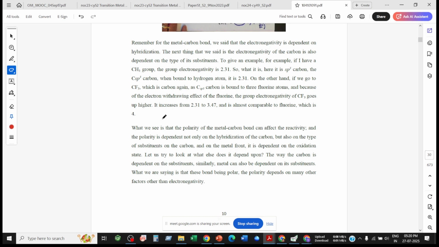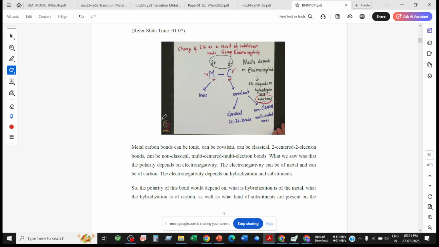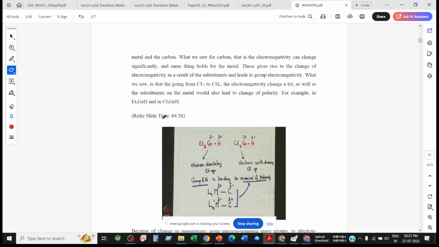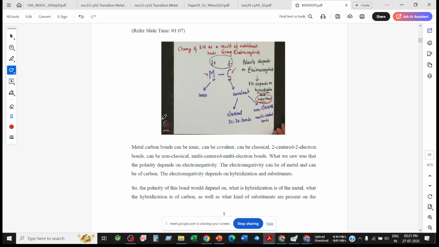Another thing that came up is the group electronegativity. It is also a very important thing when you are considering different substituents on the carbon atom. When you are considering the metal carbon bond, group electronegativity plays a very important role. How?